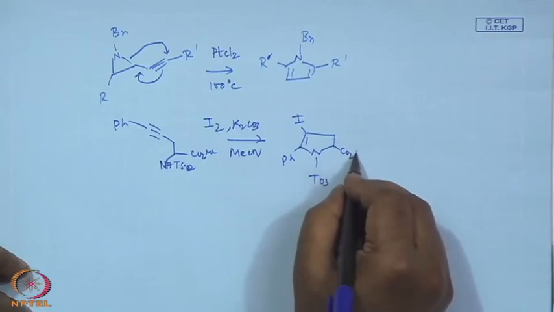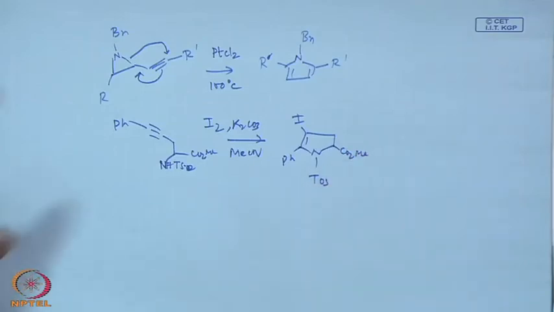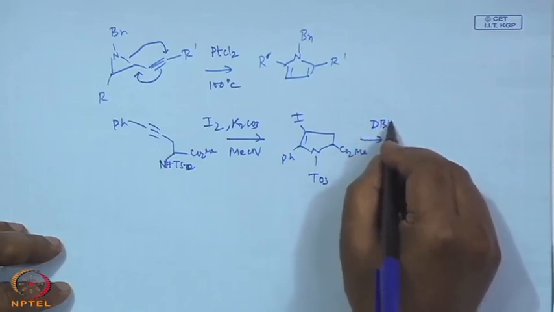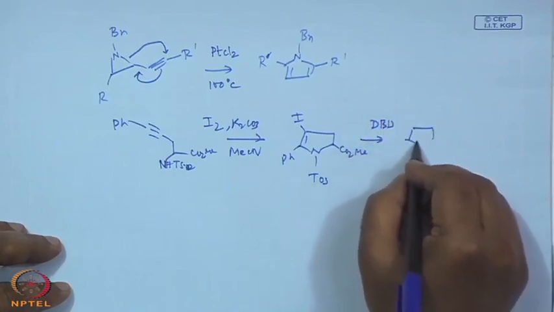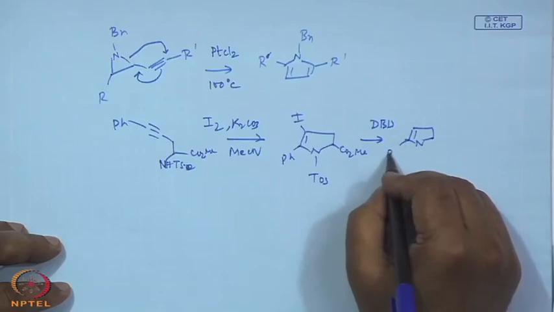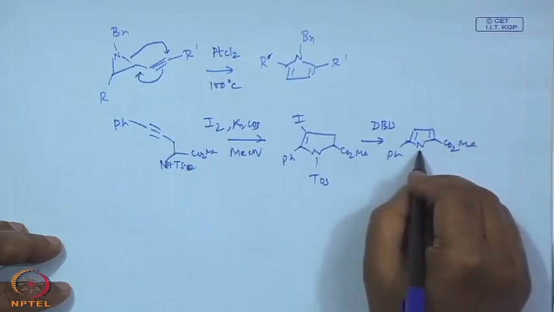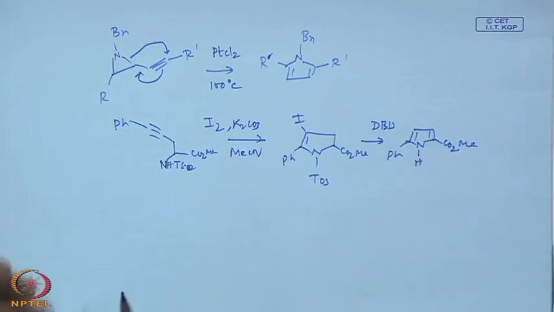Then obviously you have a leaving group, and if you just add DBU at room temperature, it does two things. It creates a new double bond, isomerizes the double bond, and tosyl is also removed. So it serves three purposes.